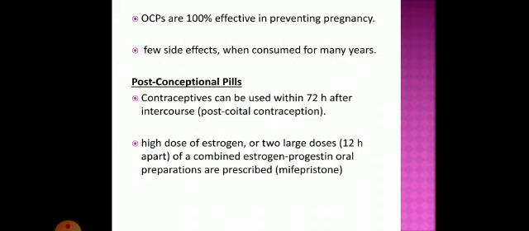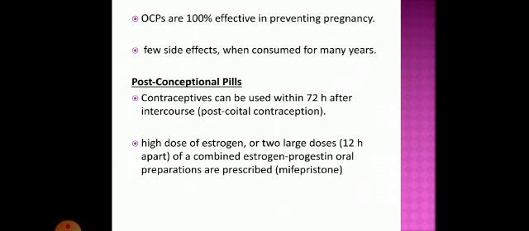Cardiovascular side effects can occur. Myocardial infarction, cerebral thrombosis, venous thrombosis, and hypertension have been reported in many cases. These side effects are seen more commonly when the lady is 35 plus, and also in smokers.